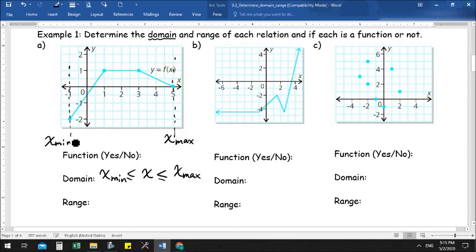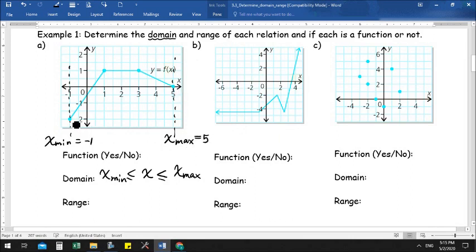So your task is finding the very left side of your graph and the very right side of your graph on the xy coordinate system. The very left is your minimum. This one we read from the graph is -1, and the maximum we read from the graph is 5.